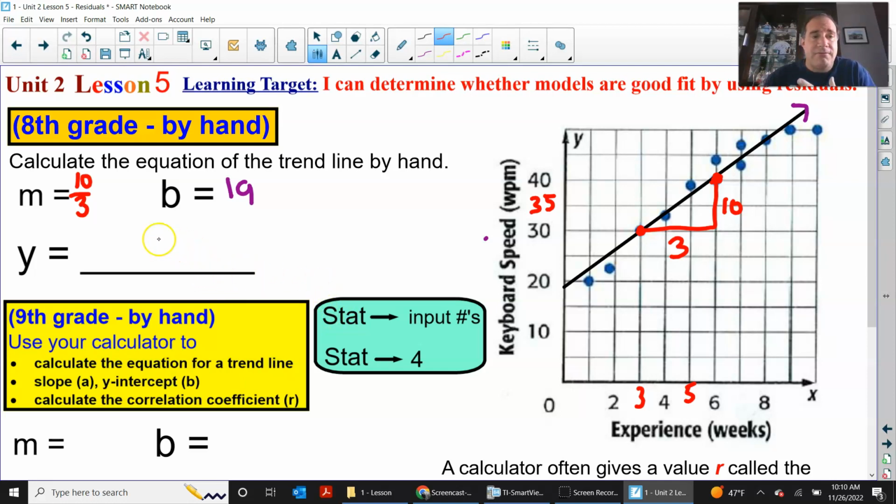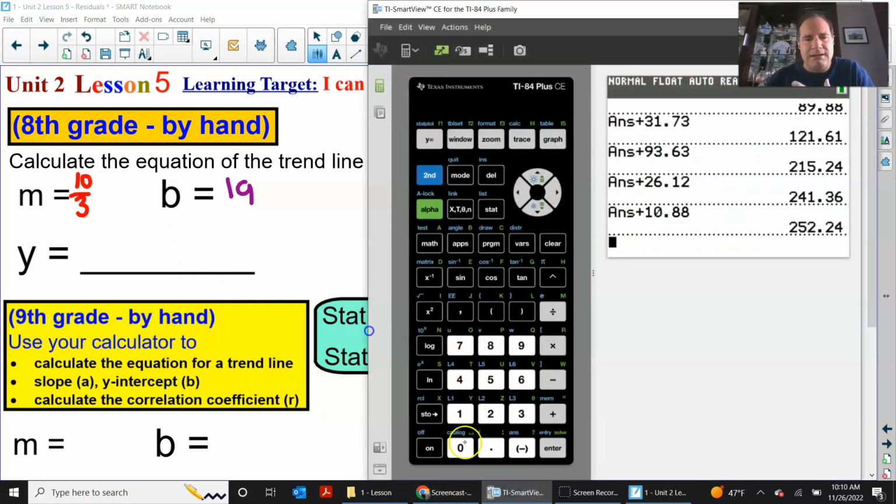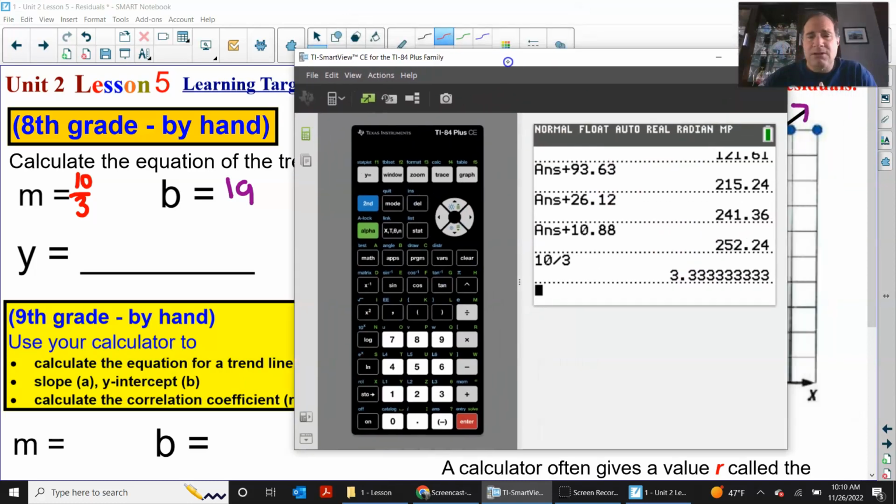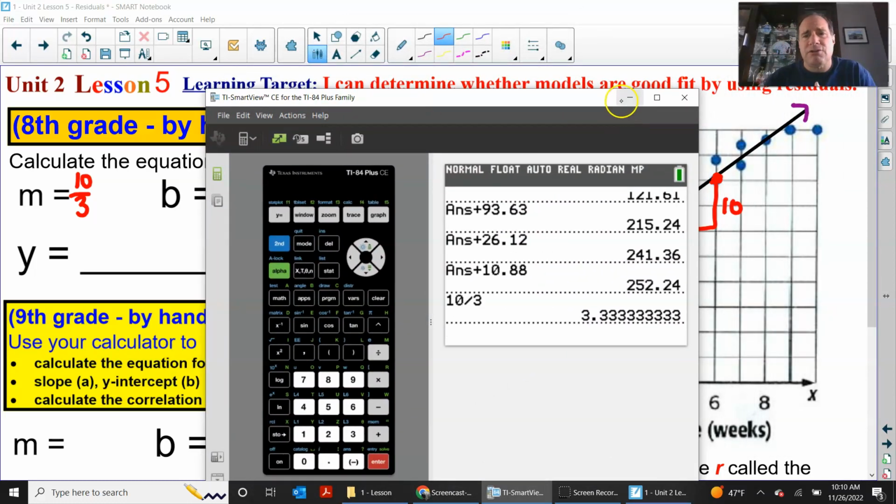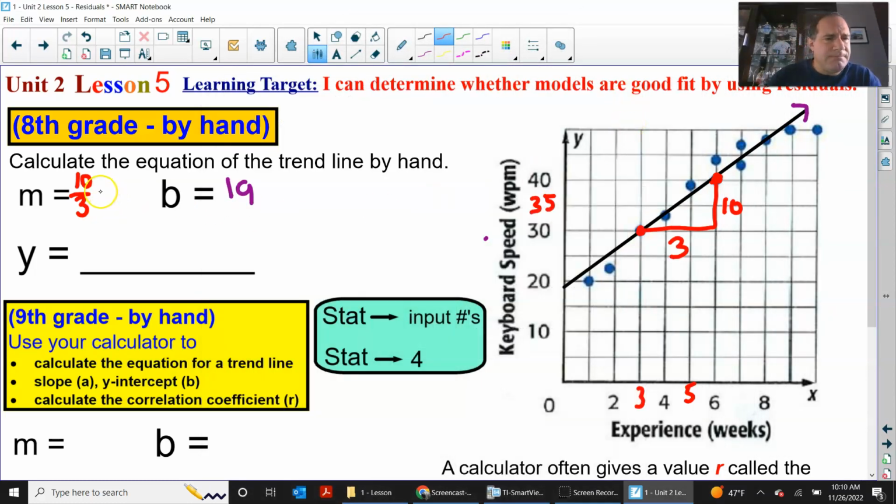We're going to look at 10 divided by 3, and we're going to round that to the nearest 10th. So we're going to leave it 3.3. So this equals 3.3. So we have 3.3x plus 19.